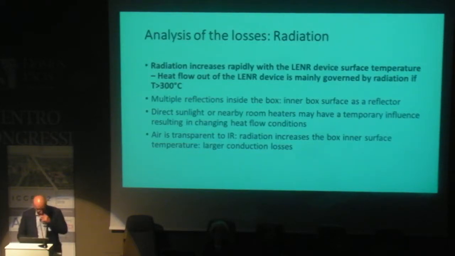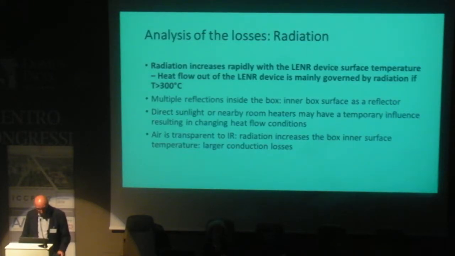Radiation increases rapidly with the device surface temperature. And as I said, you have multiple reflections inside the box, so you have a reflective surface. Everybody is doing that with an aluminum sheet inside the box. So that's nice. Sunlight or a nearby heating appliance may heat up your box when it should not.